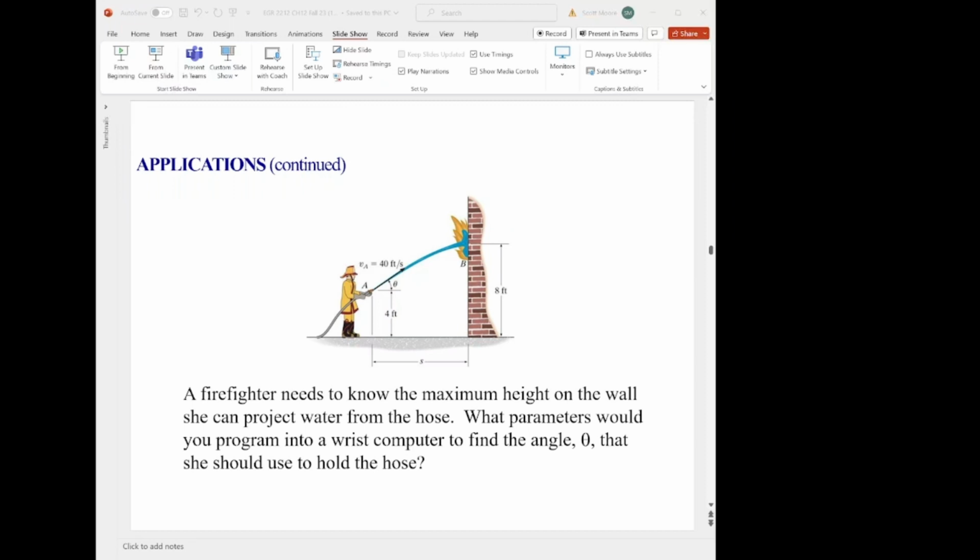The other one would be the height where the fire is, or where they want to aim the hose. The other would be the initial velocity of the water coming out of the hose. And of course, the distance S, how far away it would be.